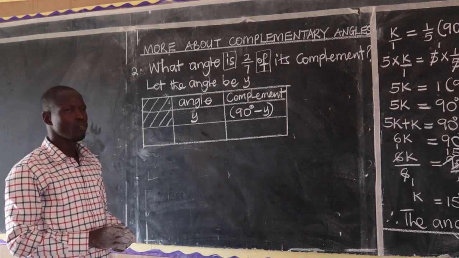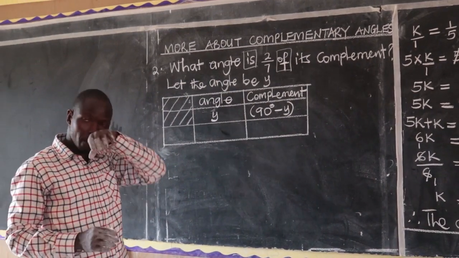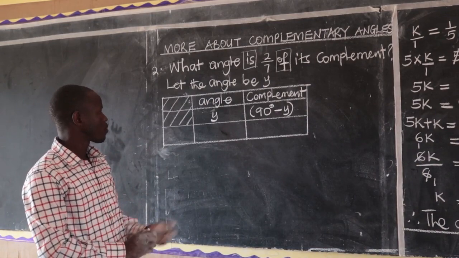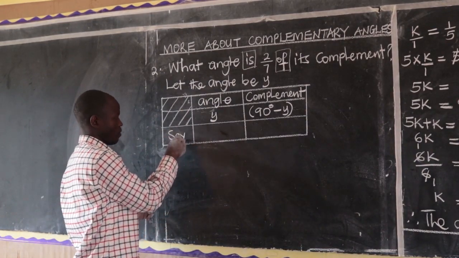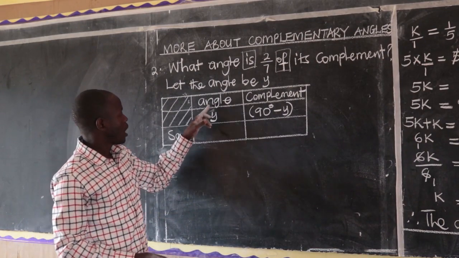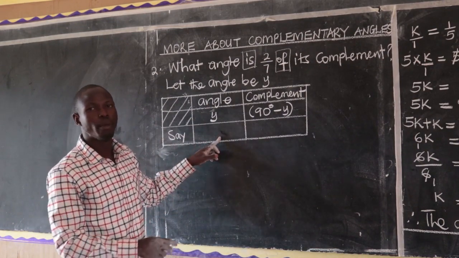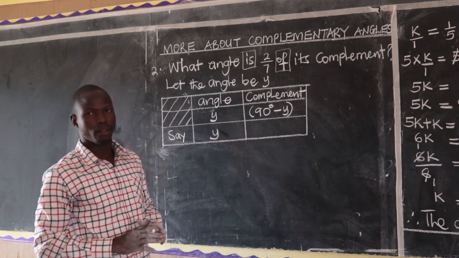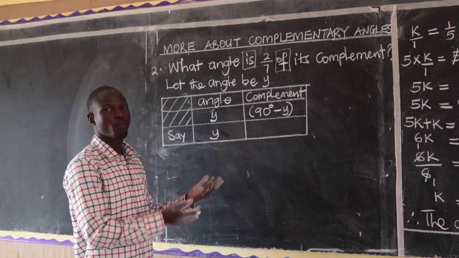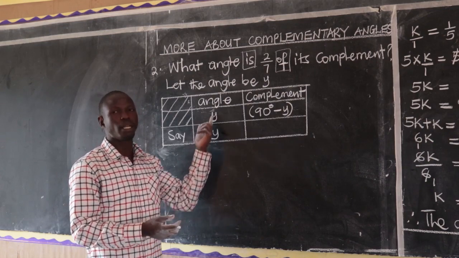But you need to have it in brackets, being an expression. Then from here, you go to the step of saying. Under the word angle, you maintain the angle as it is. Why? There we do nothing. We just copy the same angle that we have, the same letter.